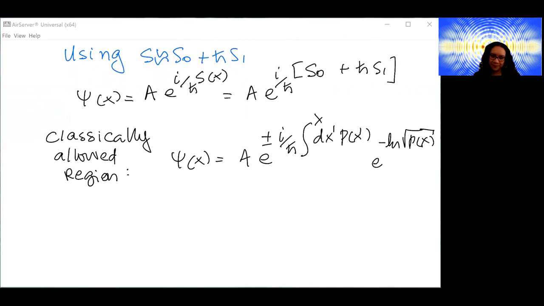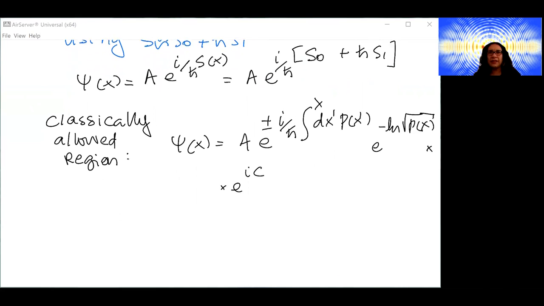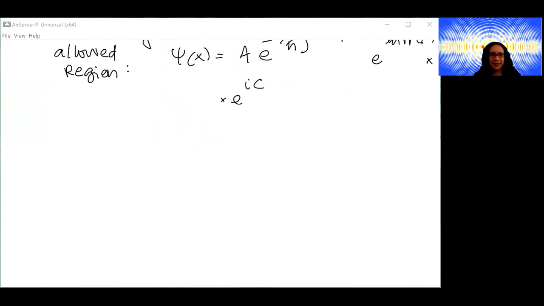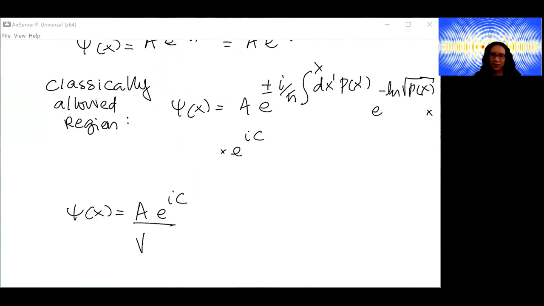I'll put it. It's nice that you see a few things. I see. Okay. So this means that our psi x can be written as A e to the i S. Now you have this minus E natural logarithm of p x, so this is going to give you this.